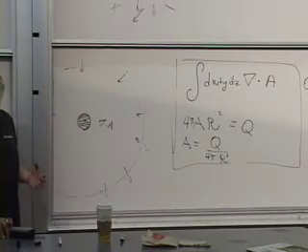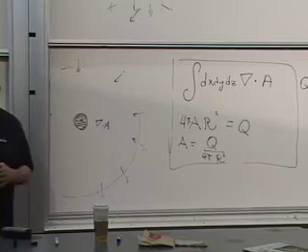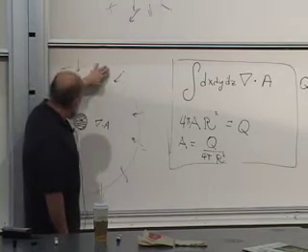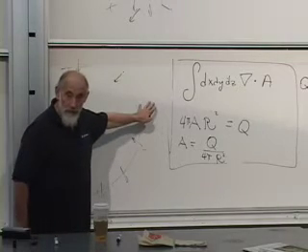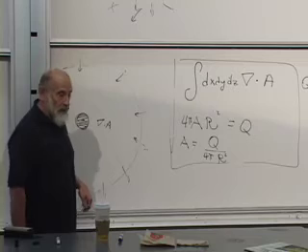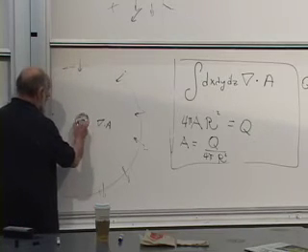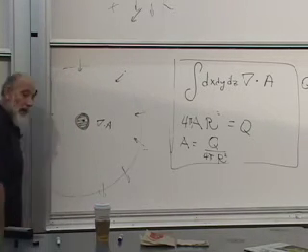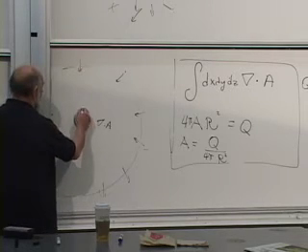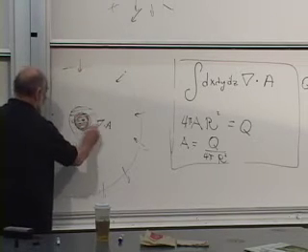This is Newton's theorem. Newton's theorem in the gravitational context says that the gravitational field of an object, outside the object, is independent of whether the object is a point mass at the center or whether it's a spread out mass this big.